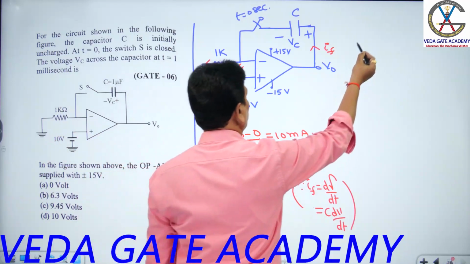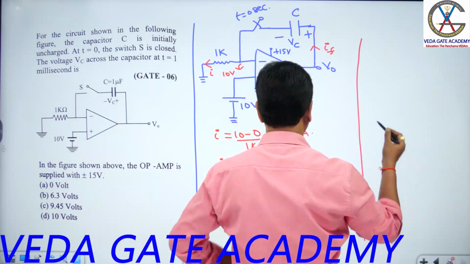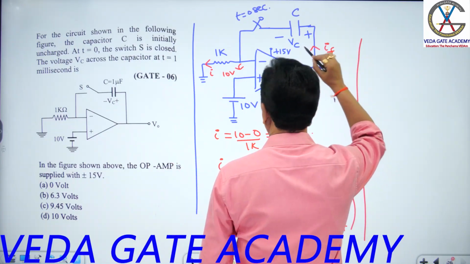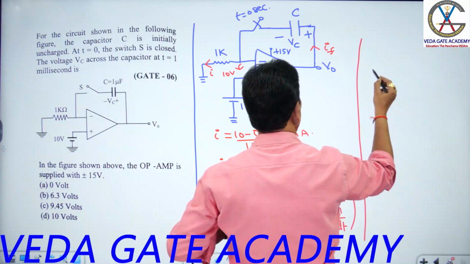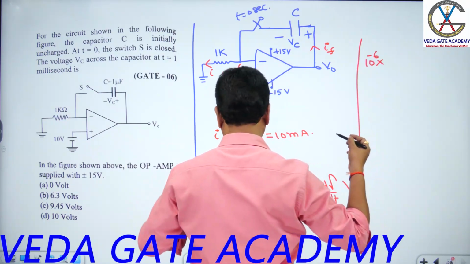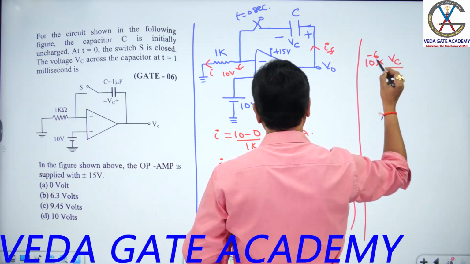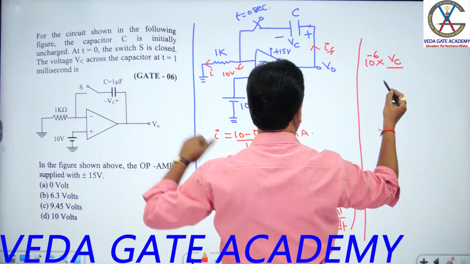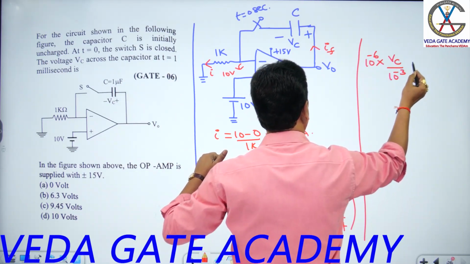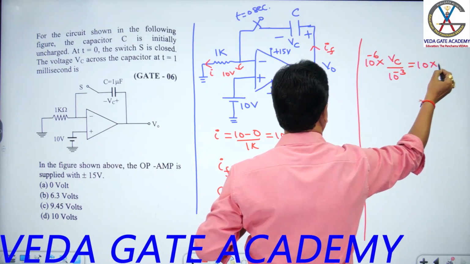Now I can substitute those things. C is given as 1 micro, 10 power minus 6, into dVc, and the time is given as 1 millisecond, 10 power minus 3, equal to I, which is 10 milliampere, 10 into 10 power minus 3.